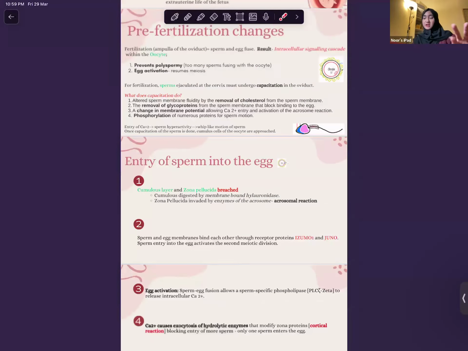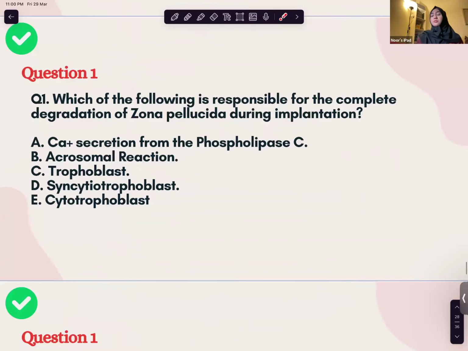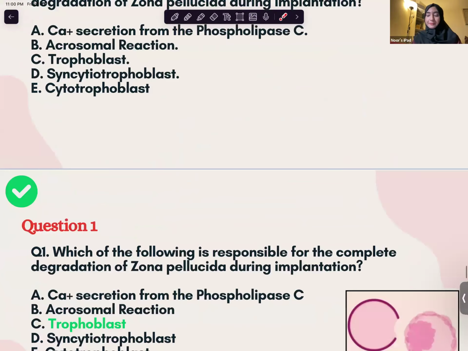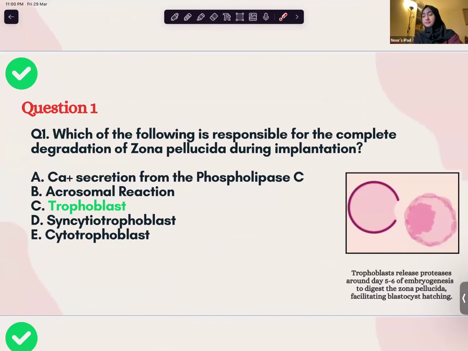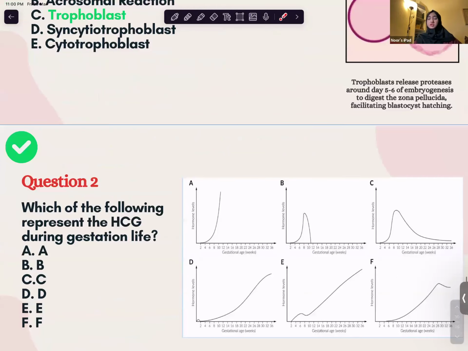The question asked which of the following is responsible for degradation of zona pellucida during implantation. They did not say during fertilization. If they said during fertilization, then your answer B would be correct, because then the sperm is releasing acrosome contents and breaching the layer. But it's not completely degrading the layer of zona pellucida. Is that clear, Zahra? Okay, I think we can go to the next question then.